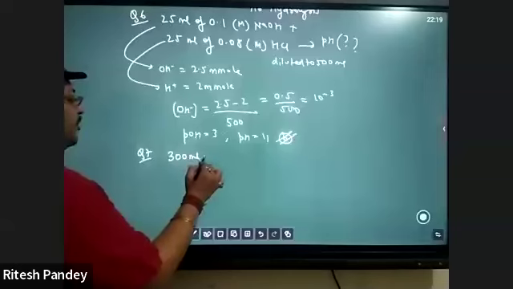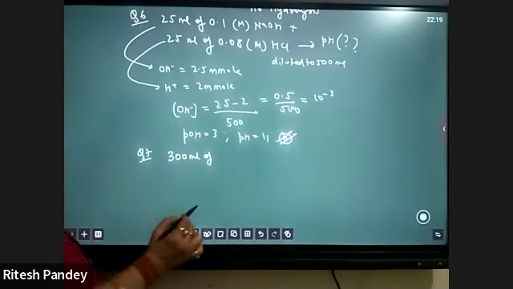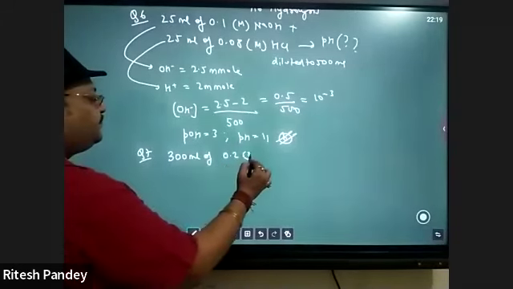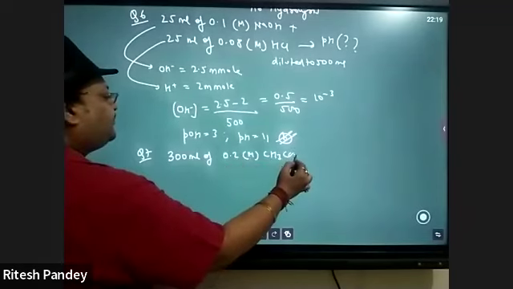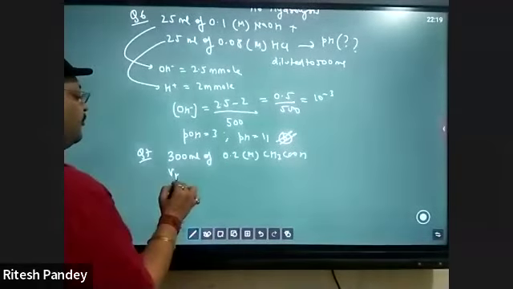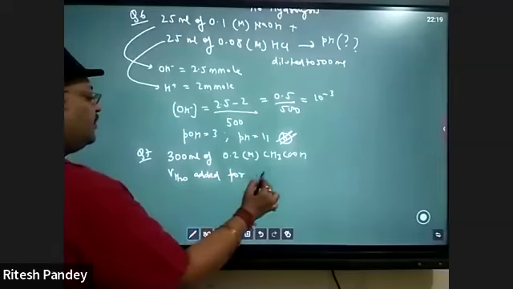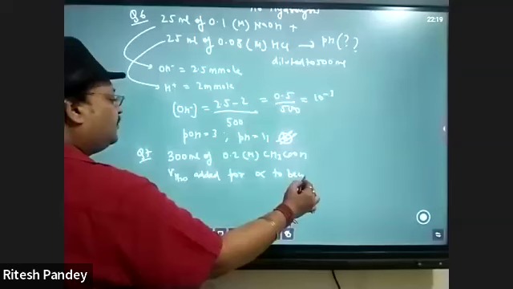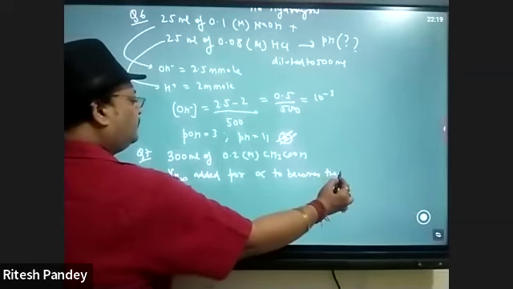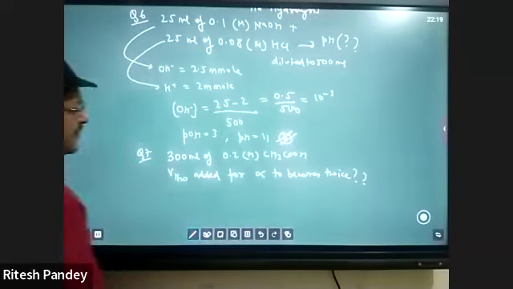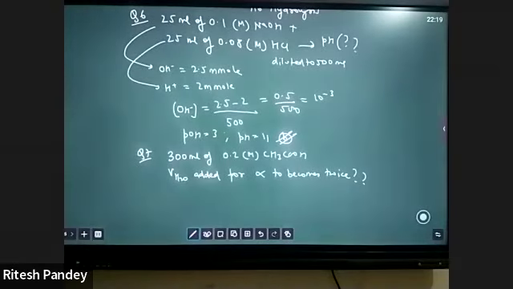The question is the volume of water added for alpha, the degree of dissociation, to become twice at the same temperature.